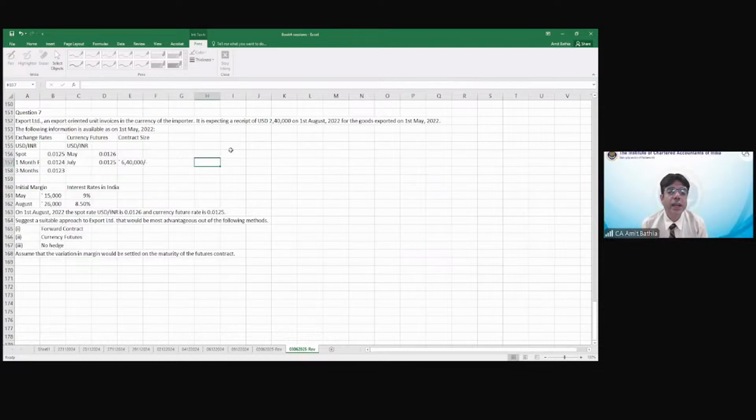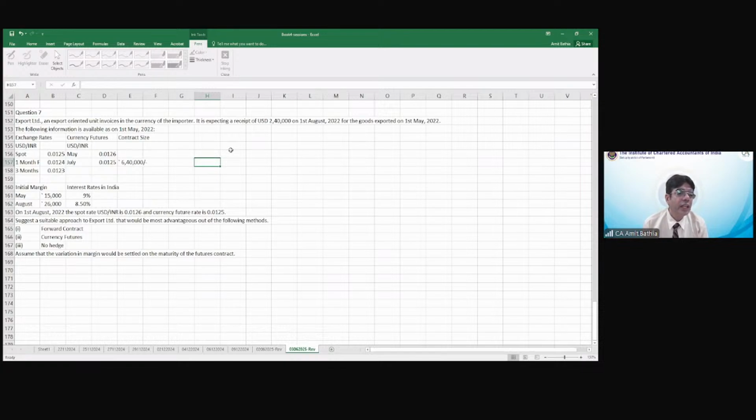It is expecting a receipt of US dollar 240,000 on 1st August 2022 for the goods exported on 1st May 2022. So what is your spot date? Spot date right now is 1st May 2022, and you will essentially be receiving this $240,000 3 months from now. The following information is available as on 1st May 2022.